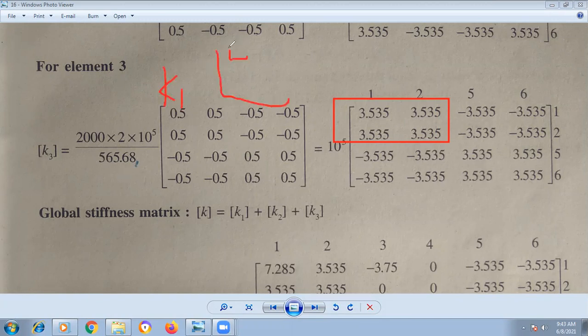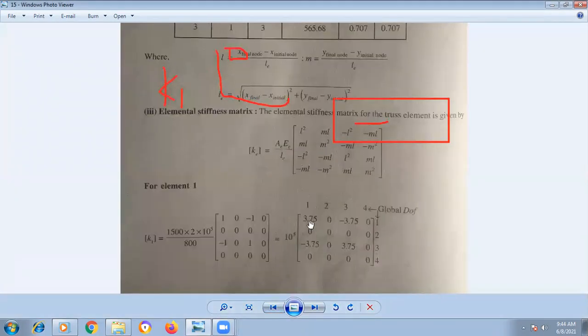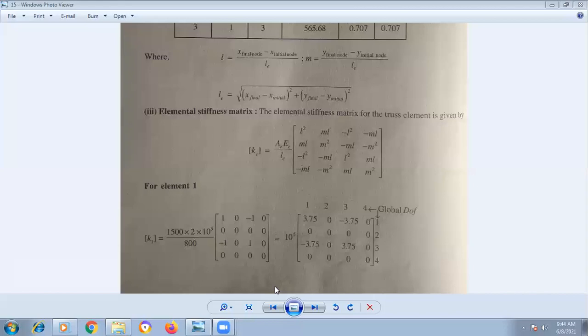Corresponding terms of the stiffness matrix 1, that is K11 and K12, will get added. This is 3.535 and there we had 3.75. Can you see here? 3.75. So this gets added here, so corresponding term.